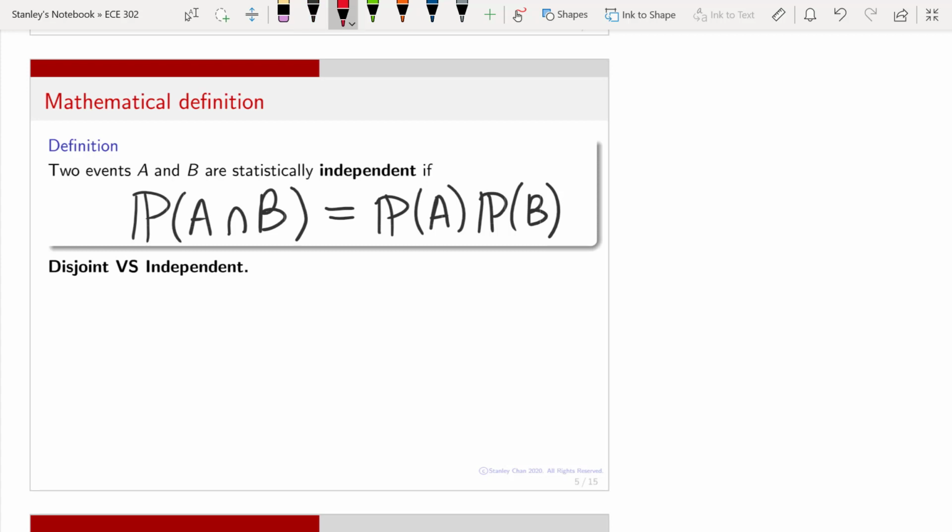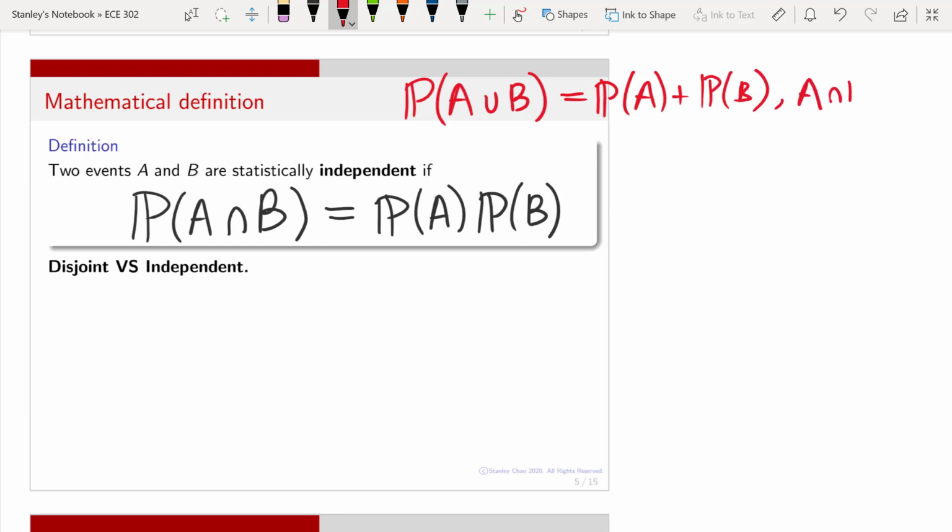Now, you may try to recall the axiom, which says that the probability of the union of A and B is going to give you the probability of A plus the probability of B when A and B are disjoint. Here, independence is applied to the intersection of A and B, and here you will get the product.